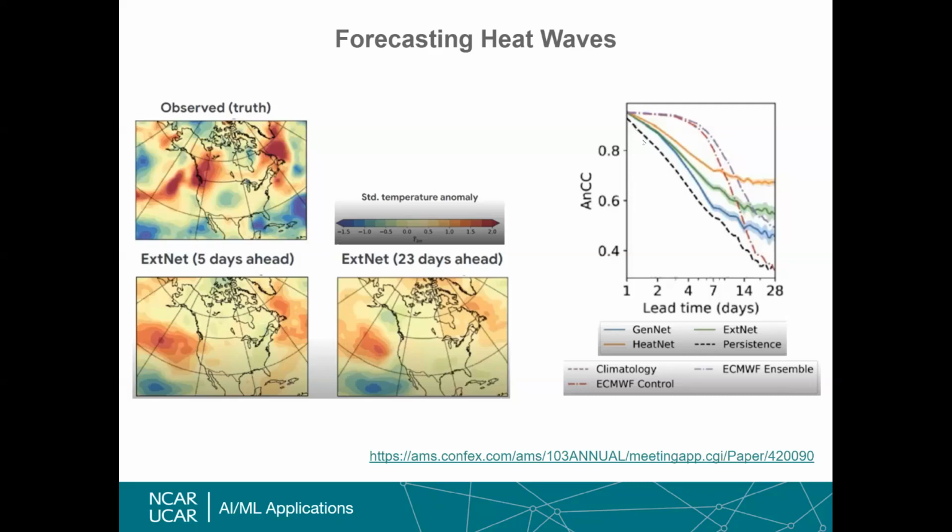And this black line here is the climatology prediction for heat waves. These red and purple lines are the ECMWF's deterministic model, or the ensemble forecast. You can see that in the keys below.